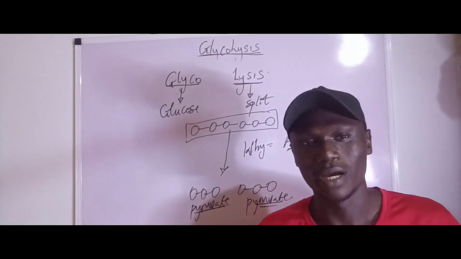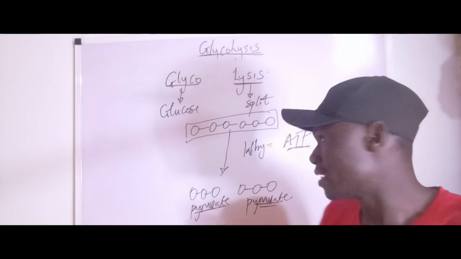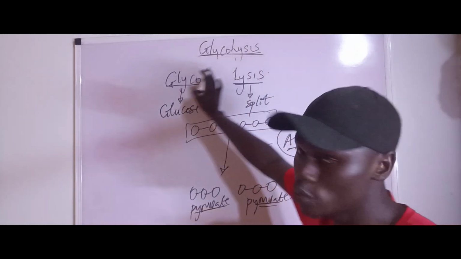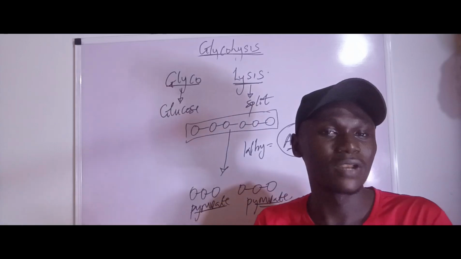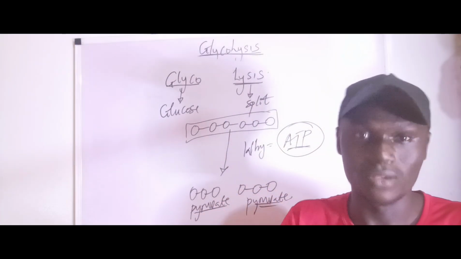The next question you want to ask me is, how many ATP are we going to produce when we do glycolysis? That depends on the type of glycolysis the cell is undergoing.